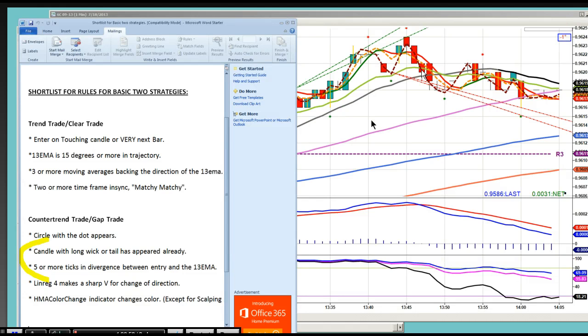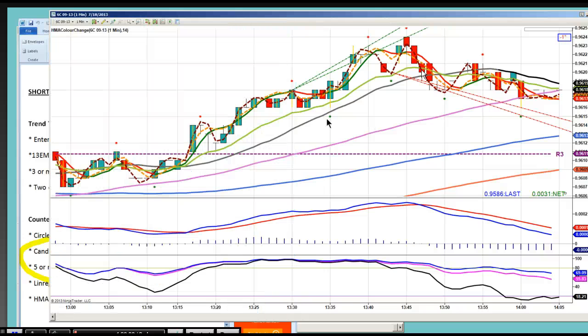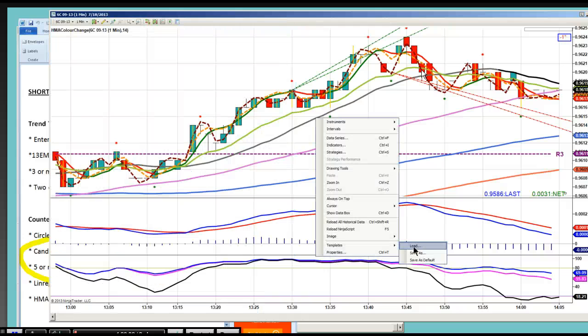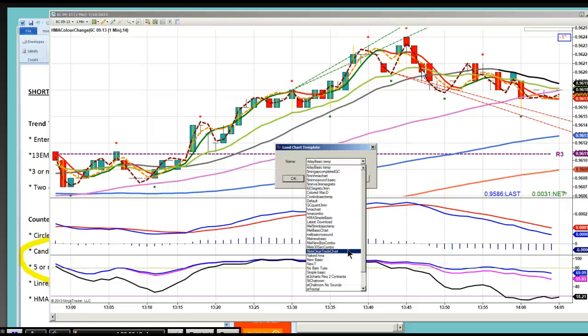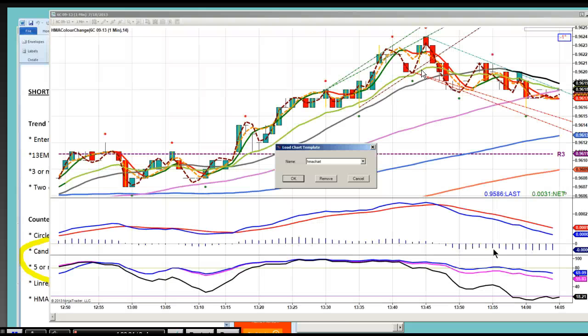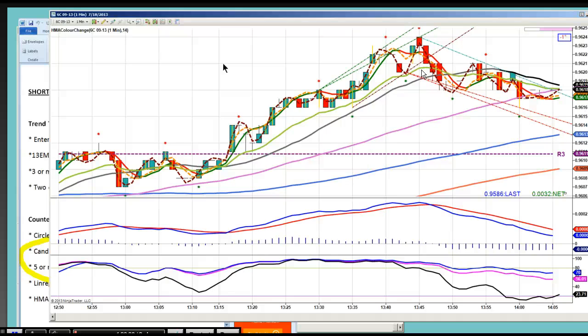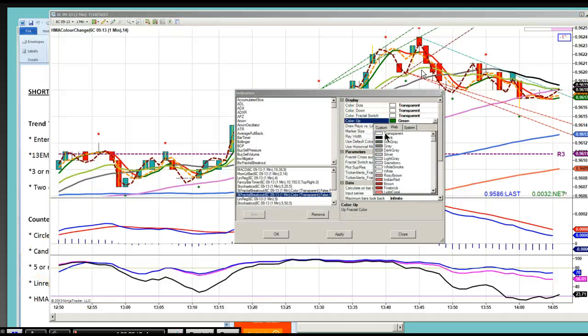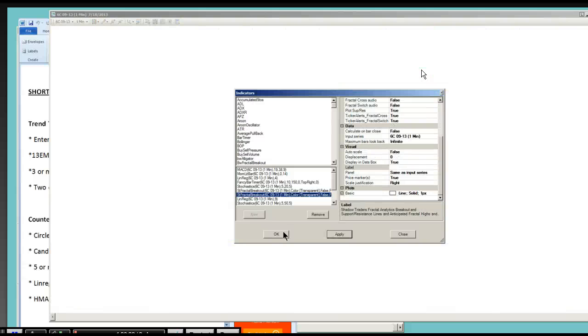Now, if we do this, and I put the turquoise fractals there, okay, turquoise fractal, and I remove the other two, this is the simplest way of looking at fractals.